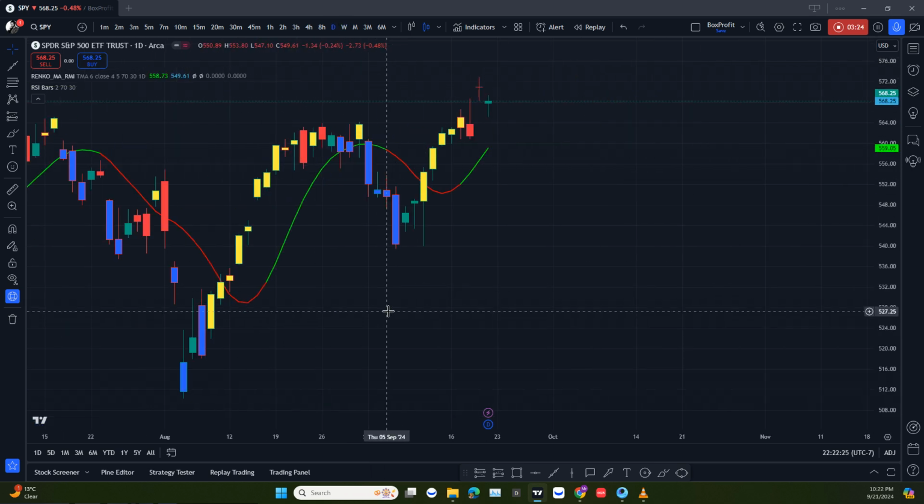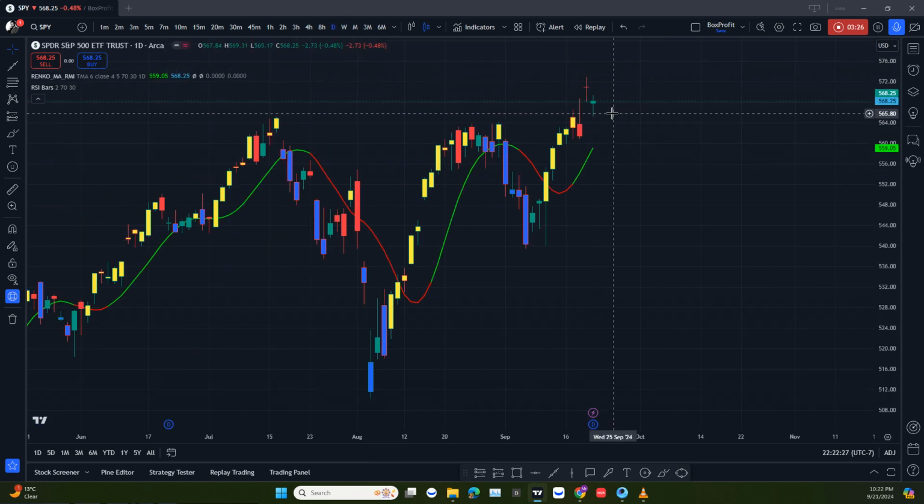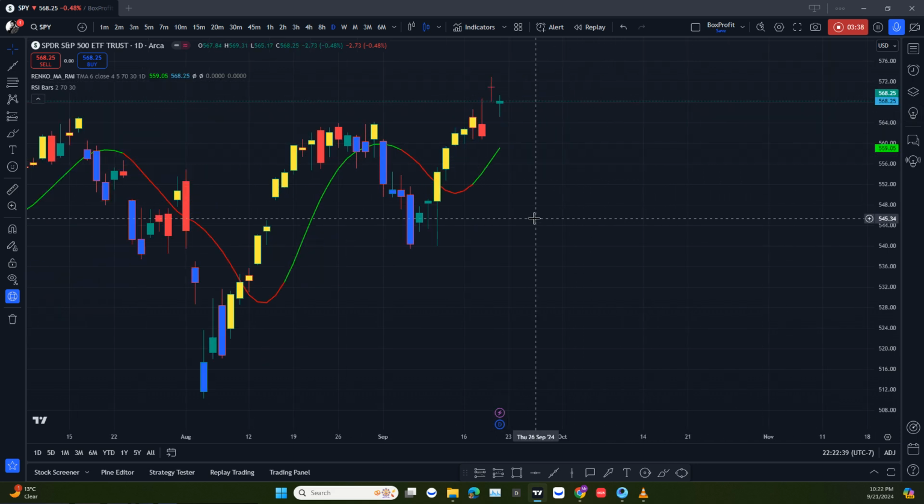On a daily chart, we do see that there was this spike above the previous swing high, which was right around July 16th, the higher high of all time. This spike might have been driven by one or a few factors.